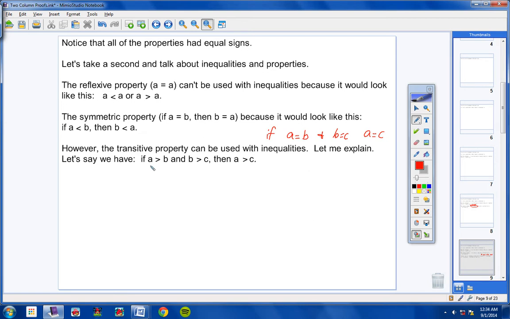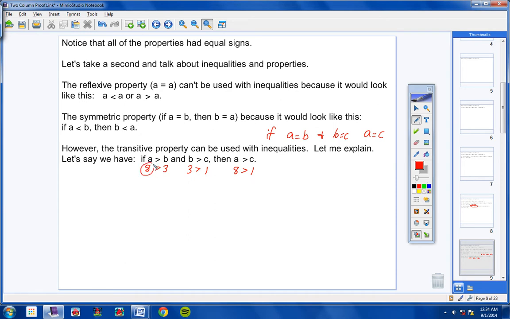Let's use numbers, okay? Let's say 8 is greater than 3. So we're just picking random numbers for A and B. We'll say A is 8 and B is 3. So I come over here and I say 3 is greater than 1. We'll say C is 1, okay? So 8 is greater than 3, 3 is greater than 1. Well, 8 is definitely going to be greater than 1.